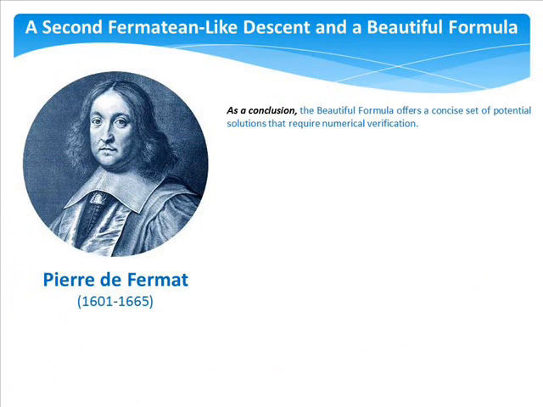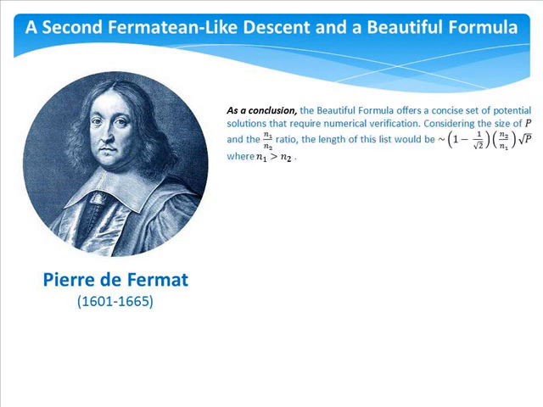As a conclusion, the beautiful formula offers a concise set of potential solutions that require numerical verification. Considering the size of p and the n sub 1 over n sub 2 ratio, the length of this list would be close to 1 minus 1 over square root of 2 times n sub 2 over n sub 1 times the square root of p, where n sub 1 is bigger than n sub 2.